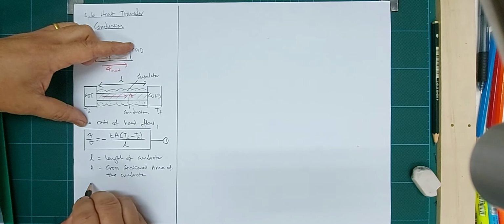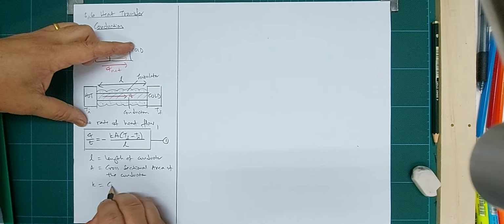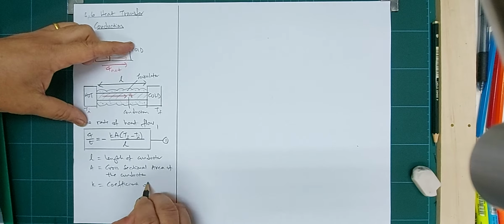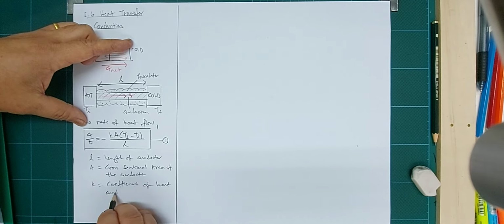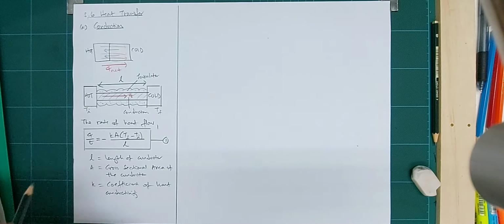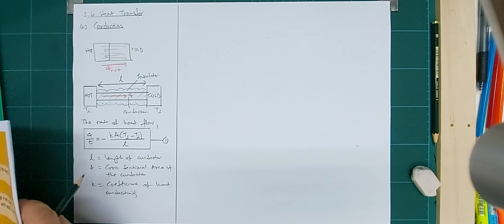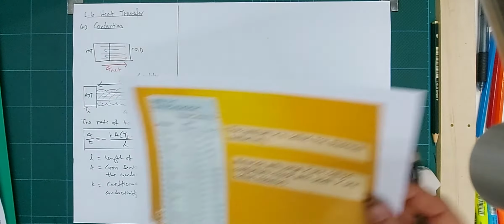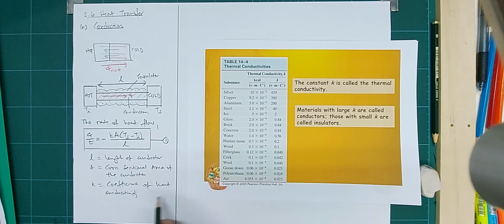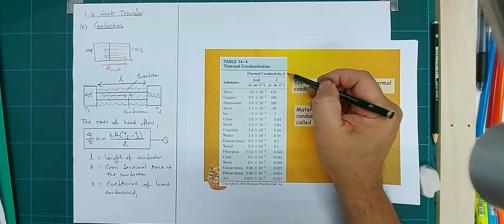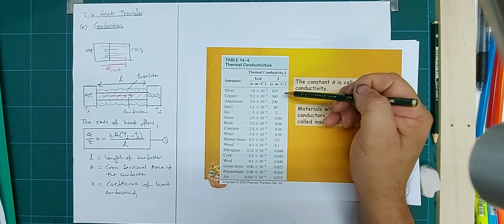And then k is what we call the coefficient of heat conductivity. This value is given by this chart, the thermal conductivity, the coefficient of thermal conductivity, small k here.